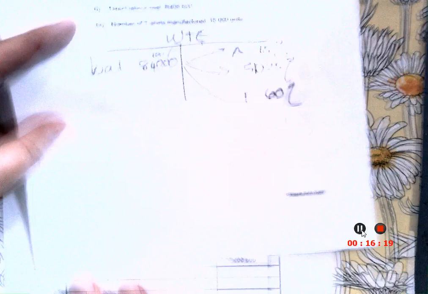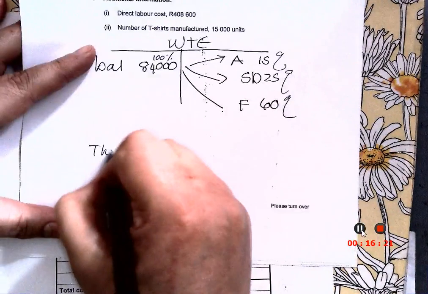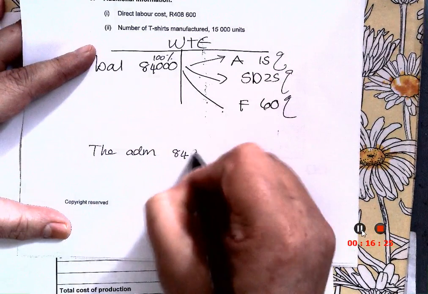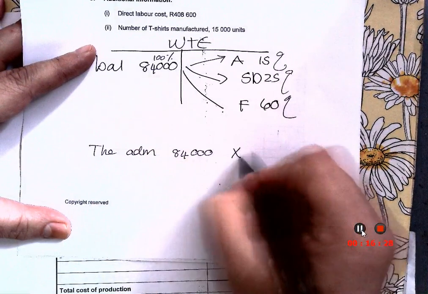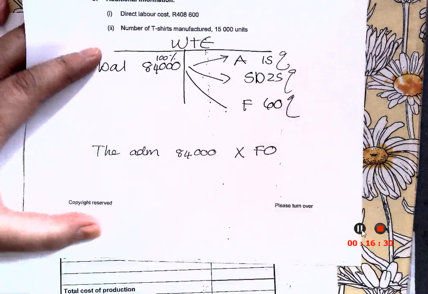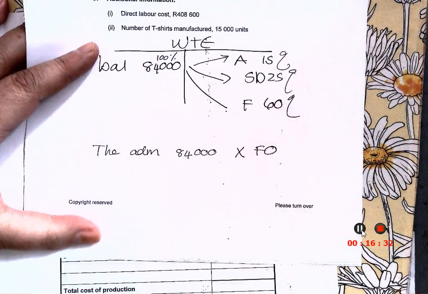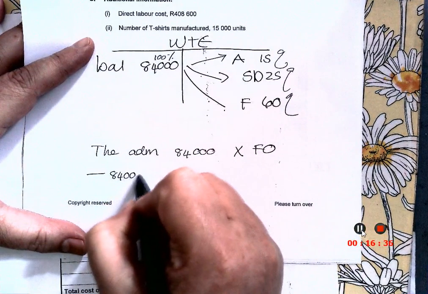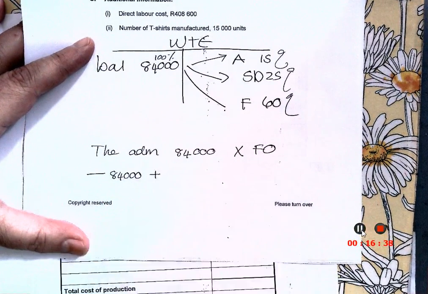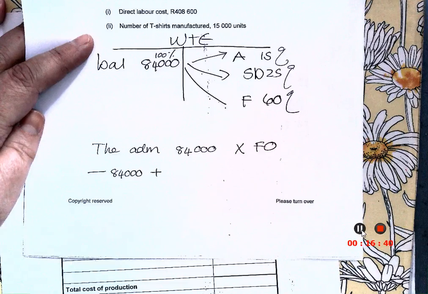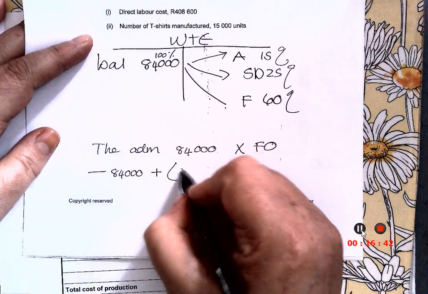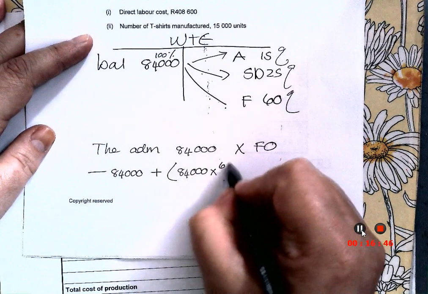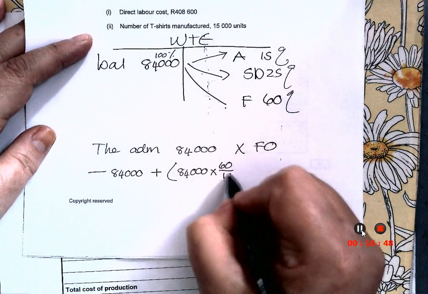But what if they say the part that was supposed to go to admin was 84 and we wrongfully put it in factory overheads. Then I must take out the 84, right? And put in the right one. And what's the right one? The right one is that 84, but I want to put in 60%, and I know this is 15.